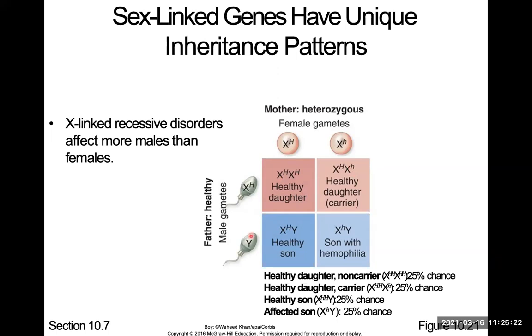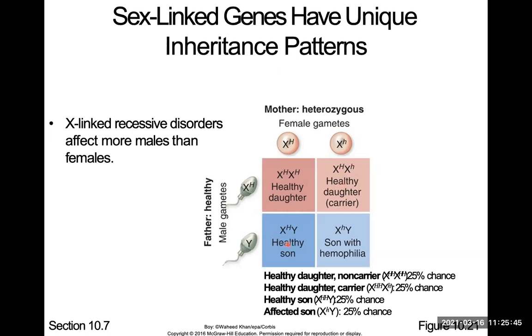In this example, these are the male gametes. Male gametes are healthy, big H is healthy, and then you have the Y. The female is a carrier. So the chances that you're going to have a healthy daughter, non-carrier, are 25%, and a carrier daughter, again, 25%.